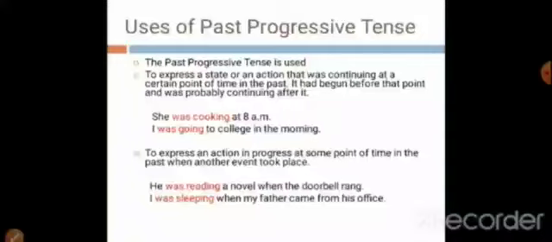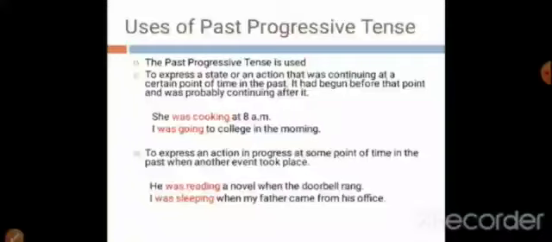To express an action in progress at some point of time in the past when another event took place. So when do we use past progressive? It is used when we are expressing an action in progress at some point of time in the past and another event takes place.